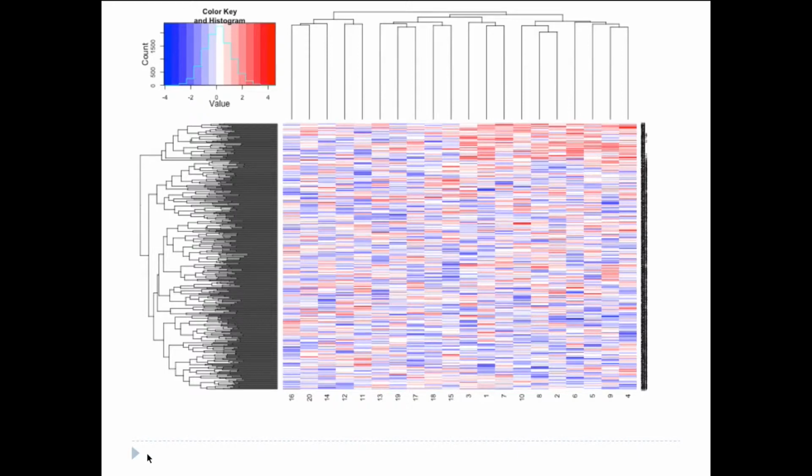And then we've laid the gene expression data out so that samples that are near each other are near each other in this heat map. Two things to note. The ordering of these samples and genes is arbitrary.